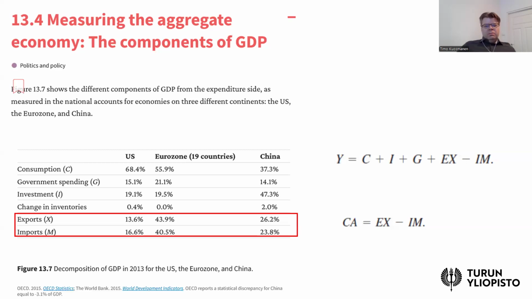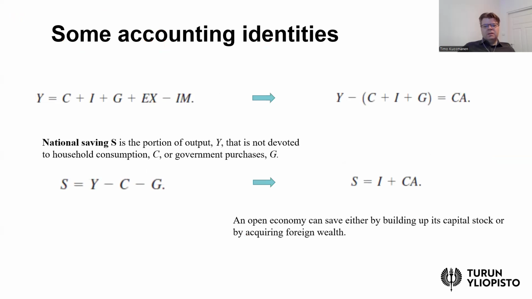This kind of decomposition of the GDP can help to see what components contribute to the GDP. But we can also further decompose the current account in a similar way. It's possible to break down current account into further components. Of course, here we have exports and imports, but we can follow accounting identities as here.